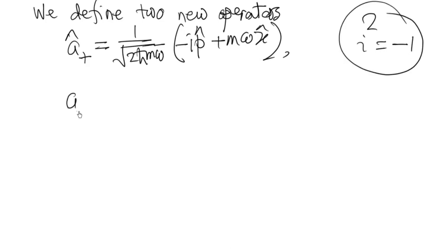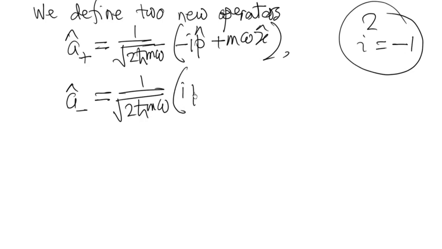And another is a minus, which is 1 divided by square root of 2 h cut m omega, times i p plus m omega x.